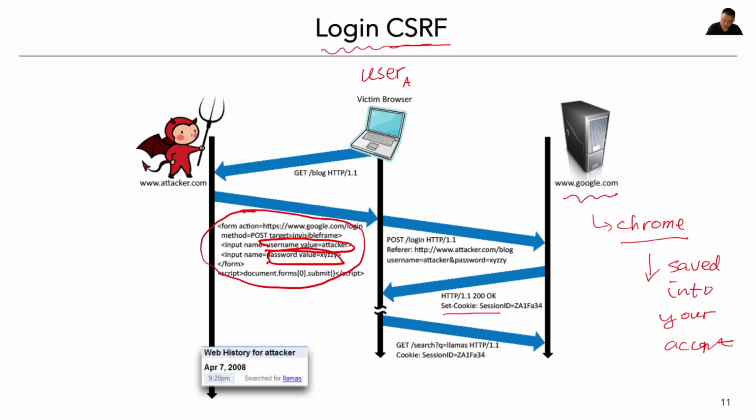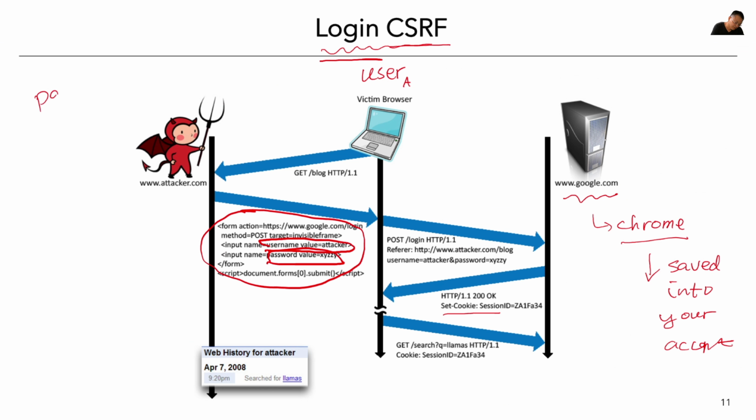So when the attacker logs into their account on user A's browser, all the URLs visited by user A will be saved in the attacker's Google account. Now the attacker can look into those URLs. So this is another type of login cross-site request forgery.